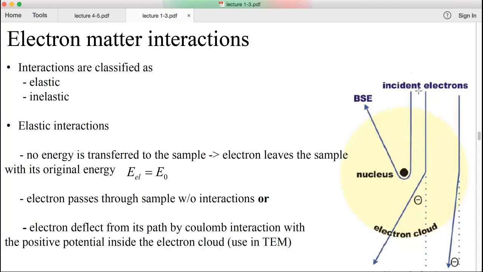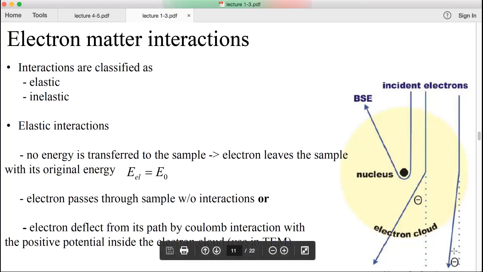If the incident electron goes a little bit far from the nucleus, you know this nucleus is positive, right? We have positrons here and the electron is negative. So this nucleus will extend some attraction towards this electron. So this electron will bend a little bit. It will get deviated from its original path. It does not lose its energy. What really happens is it just deviates slightly from its original path. So that is an elastic interaction.